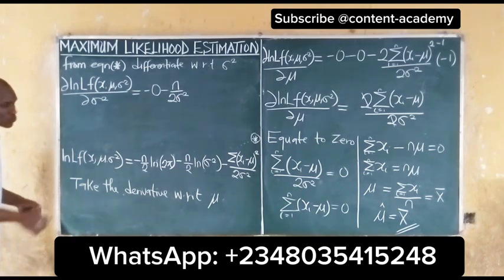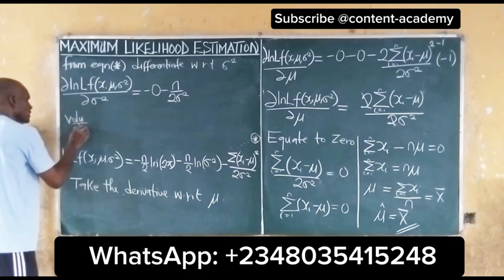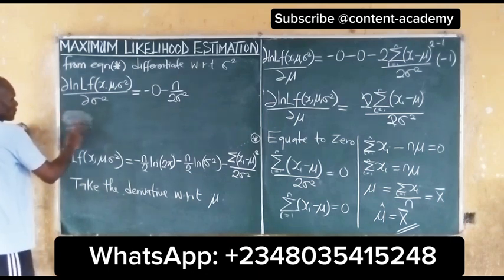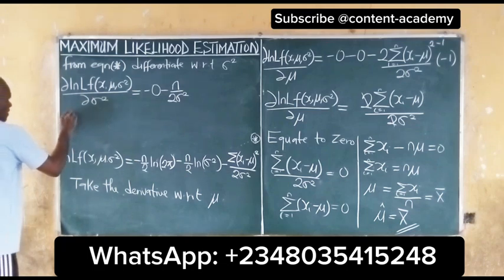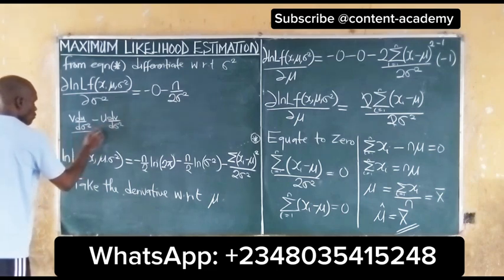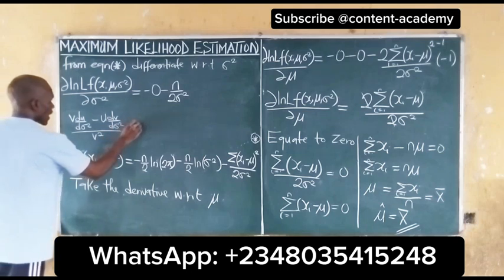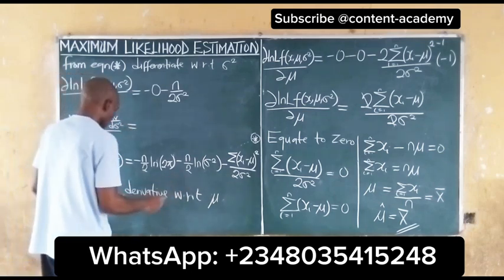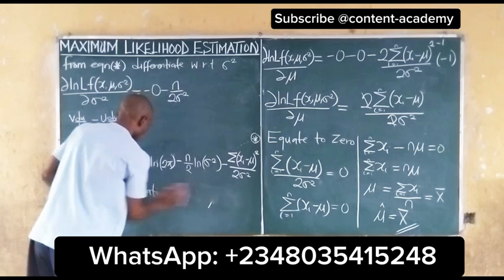Now, that quotient rule states that v du all over d sigma squared minus u dv all over d sigma squared, all over v squared. And this is equal to, now, let's take this to be our u and take this to be our v.